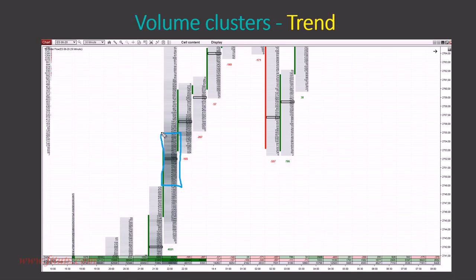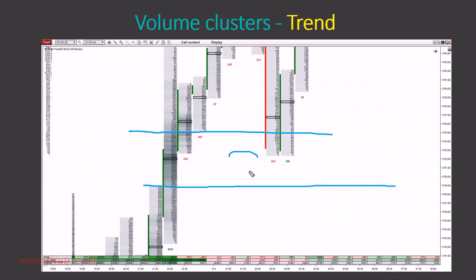Now, in cases like this, it's sometimes a bit hard to tell exactly where the area is, where the significant volume cluster is, where it starts and where it ends. So usually it's just best to watch the whole area, this whole support area, and wait for some confirmation when the price hits this area.